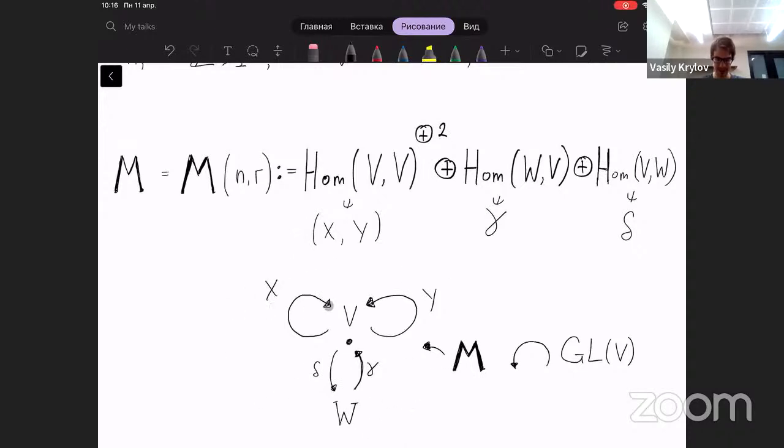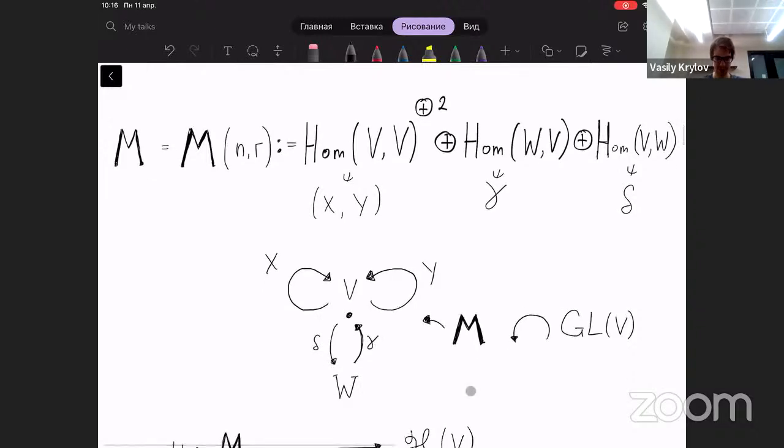And here X and Y are these homomorphisms from V to V. As you see, they act from V to V, here and here. And also we have gamma and delta, where gamma goes from W to V and delta from V to W. Any question about this definition?